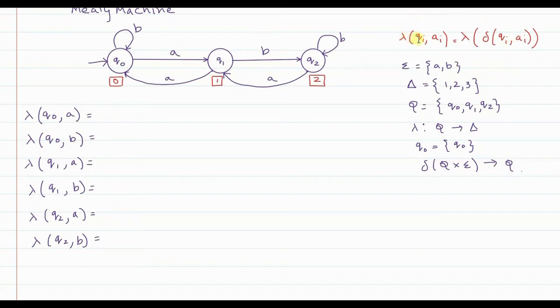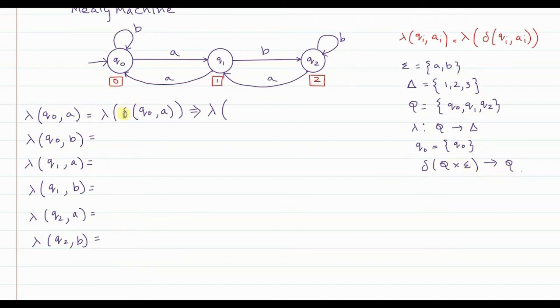Lambda of any state Qi over any input symbol Ai can be written as lambda of delta of that same state over the same input. So this can be written as lambda of del of the same state Q0 on the same input A. We already know what the del function is: on any current state and any input symbol that is read, delta always gives a new state.